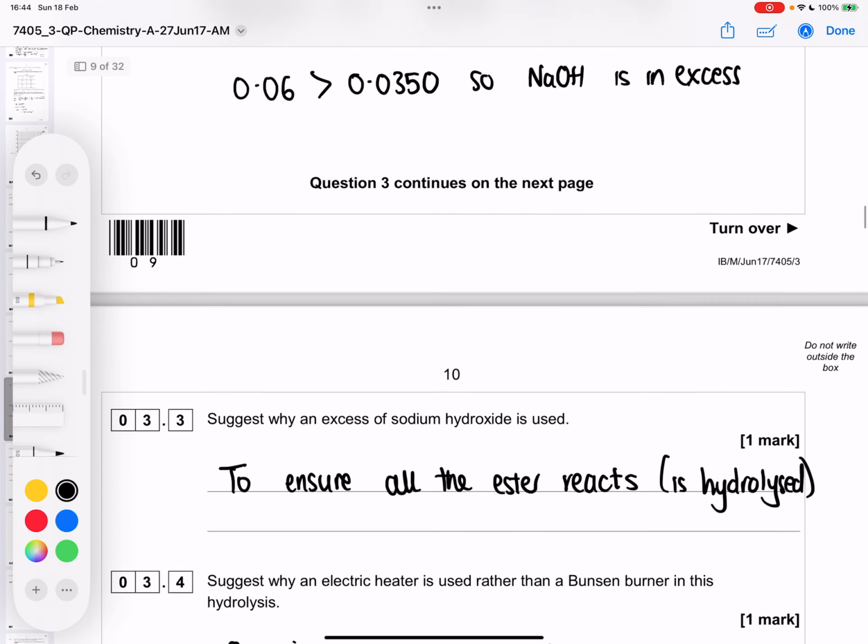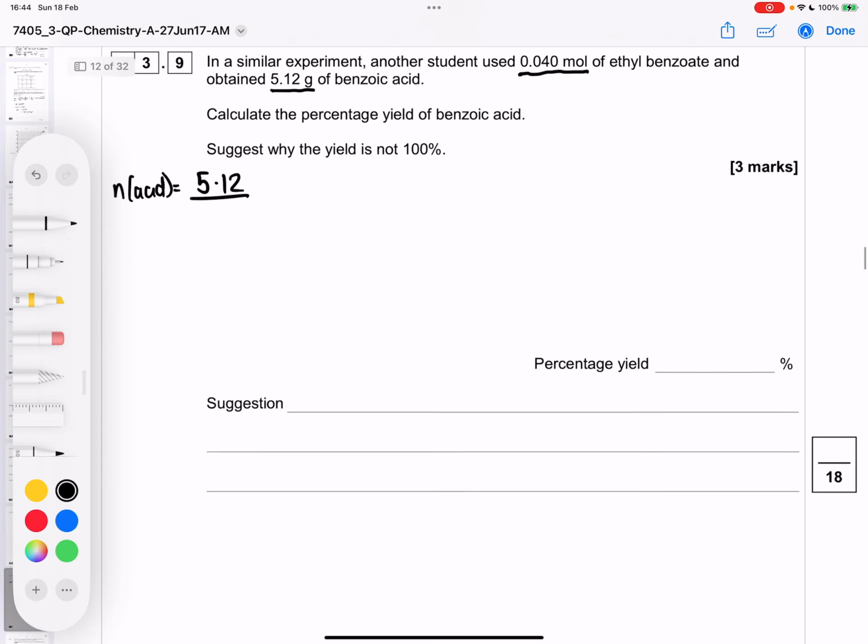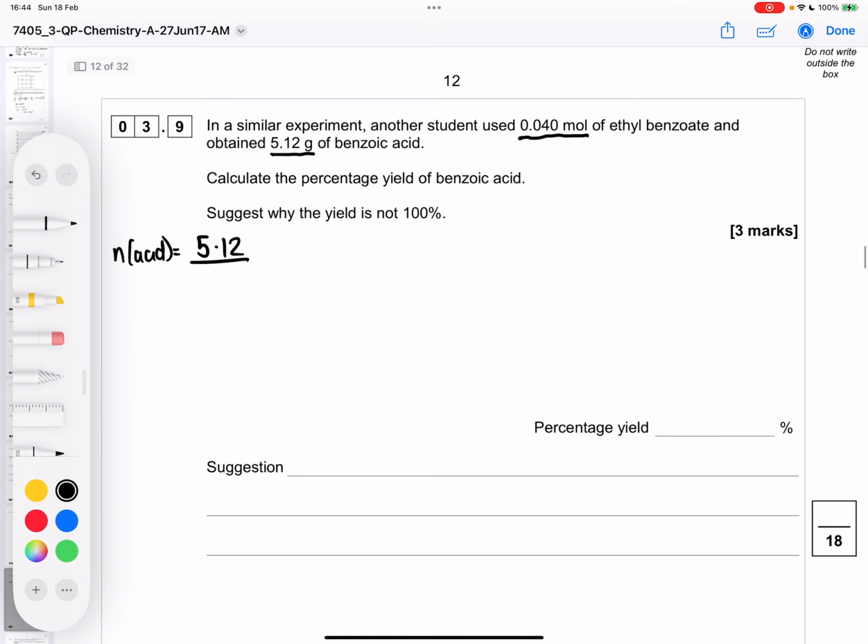So we did write our equation, we did get our formula. So remembering that benzoic acid was C6H5COOH, we add that up on our calculator and we're going to get 122.